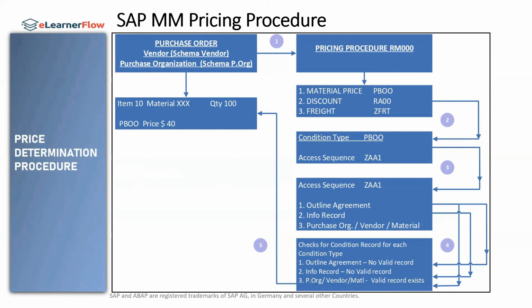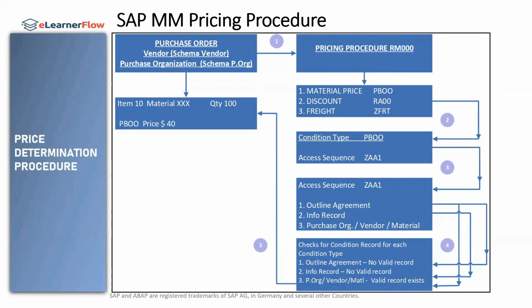where you have defined it as an info record and looks at that information and then goes and searches the condition table for an info record value. If you maintain the info record value, then this value will get populated and this value is sent to the PB00 condition as the value or the price of the material.